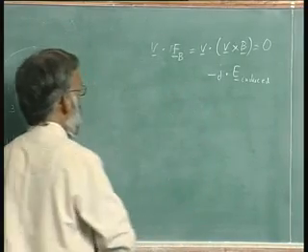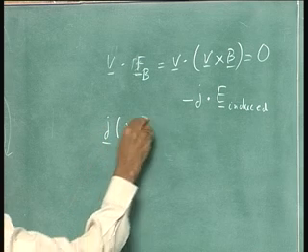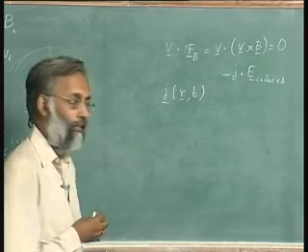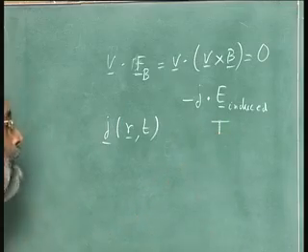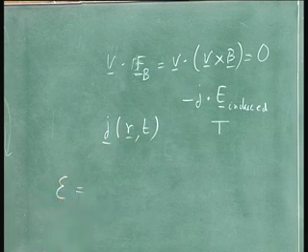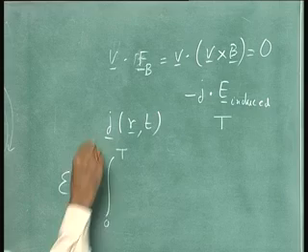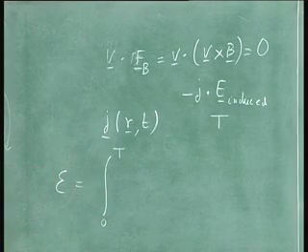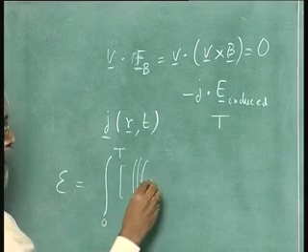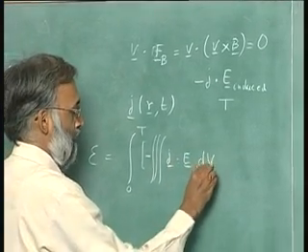So, the total energy in the magnetic field, let us say this J is a function of position and of time, and it was raised from 0 to its full value in a time capital T. Then I would say that the total energy in the field would be equal to the integral from 0 to capital T, I am integrating in time, and the integral over all space of minus J dot E dV.